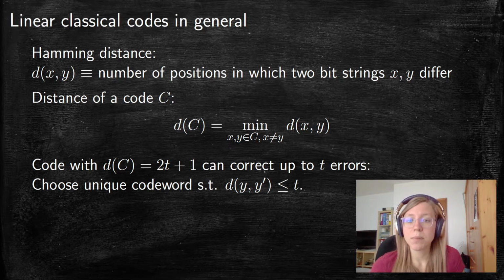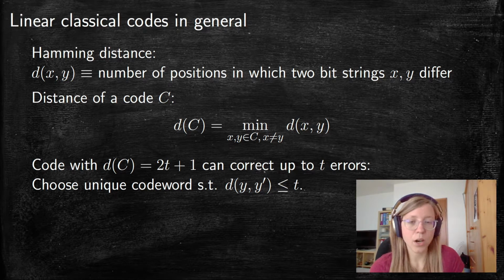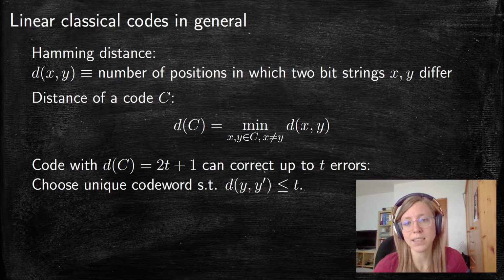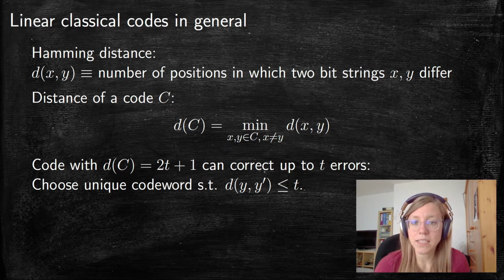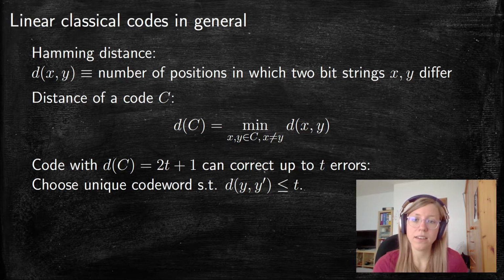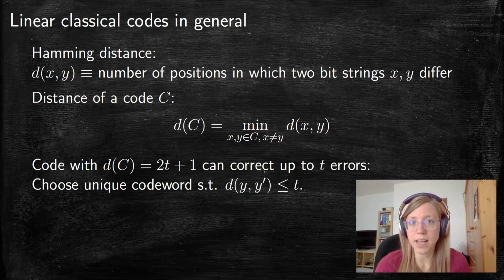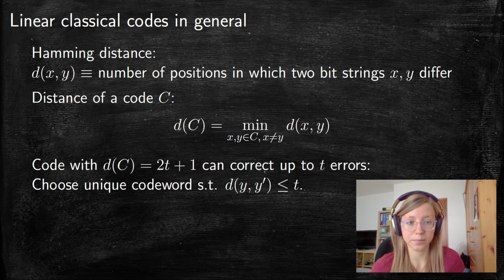So you simply choose the code word of your set of code words which minimizes the Hamming distance. And if the distance of the code is 2t plus 1 and up to t errors occur, then this code word that minimizes the Hamming distance is always unique.